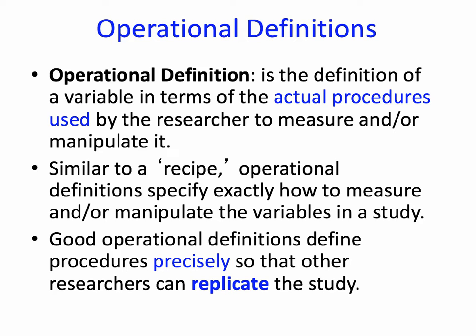You have to select other scholars' measures most often, because the idea is that we're a community of scholars building knowledge. So if we want to see if our predictions hold with other samples, we can't really say that for sure if all the scholars out there are using different measures to measure the same concept. I mean, really think about it.